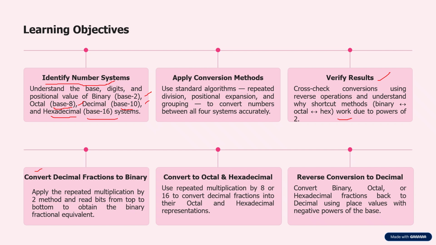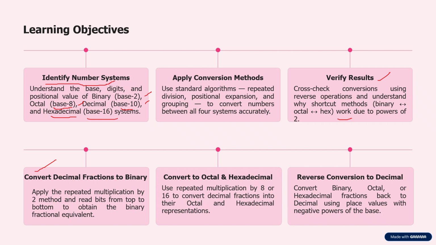Now let's look at how we convert binary, octal, or hexadecimal fractions back to decimal. We do this by using place values with negative powers of the base, which helps us understand the fractional part precisely.